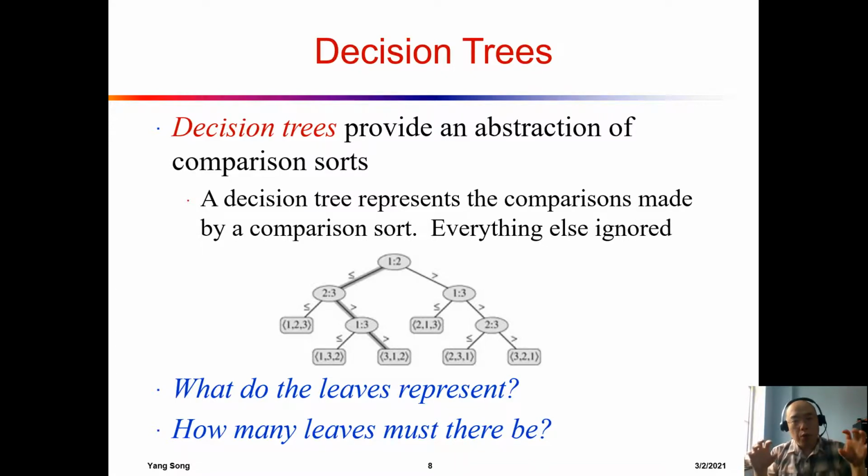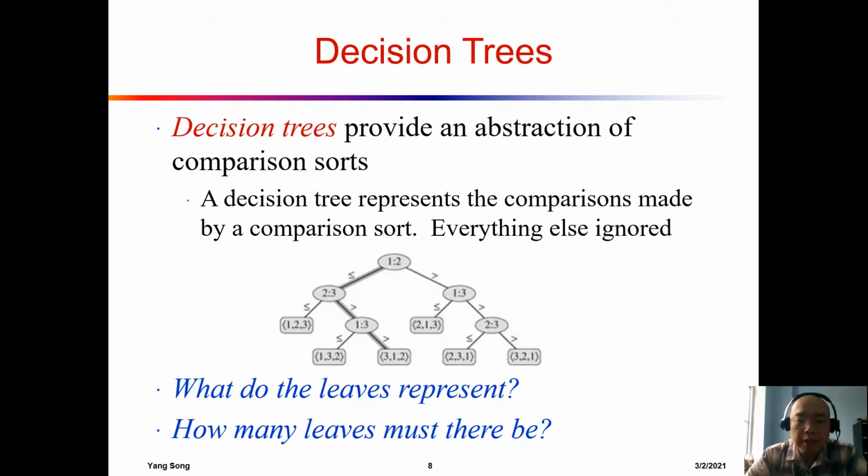We grab two values, do a comparison, then another two values, do a comparison. After enough comparisons, eventually we are able to decide the sequence of all the values from low to high.